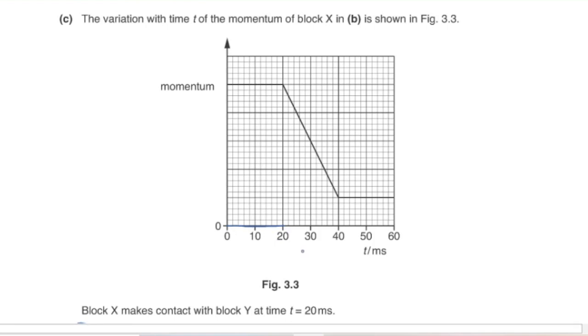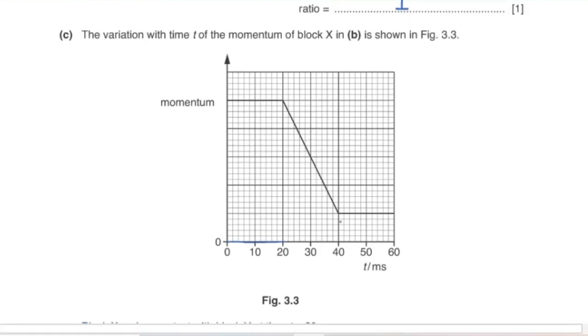Now, according to the law of conservation of momentum, block Y's momentum should increase because that of block X decreased in the time interval of t equals 20 milliseconds to t equals 40 milliseconds. Block X had a change in its momentum for 20 milliseconds until t equals 40 milliseconds. It will be the same for block Y, except that it will have a positive gradient because its resultant force is in the opposite direction to that on block X, but of the same magnitude.